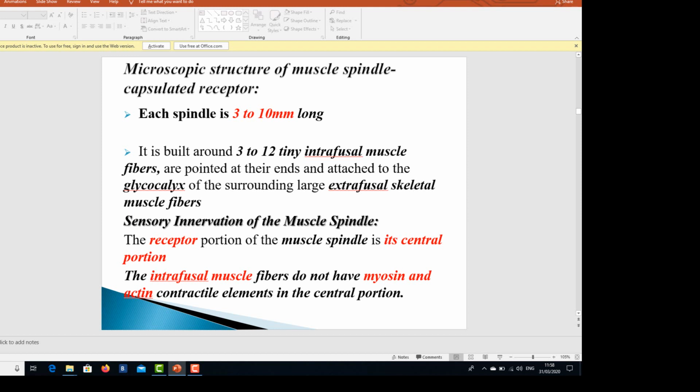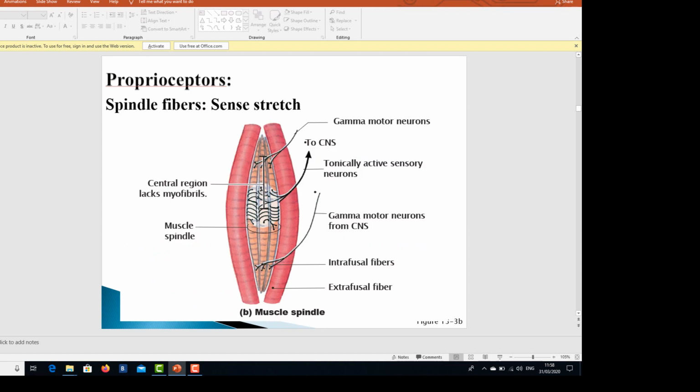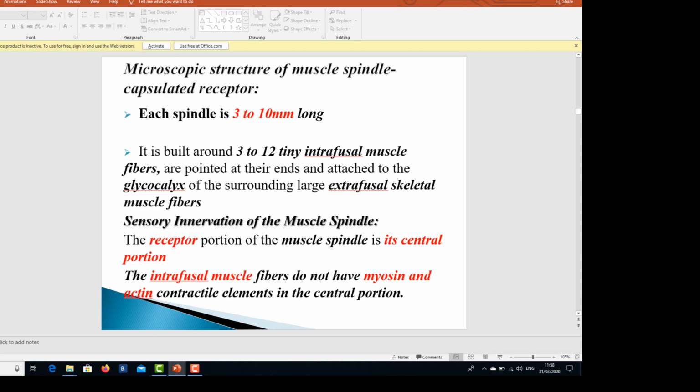So, the microscopic structure of a muscle spindle is a spindle shaped structure having a length of about 3 to 10 millimeters, and it is lying in the central portion of a muscle. And over here the contractile proteins, which are actin and myosin, are absent.